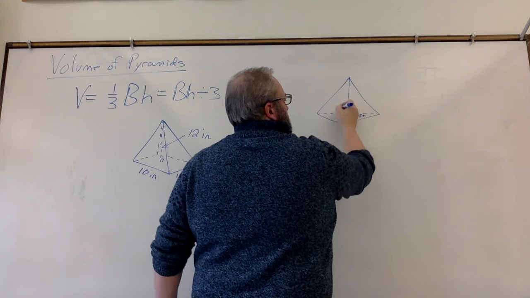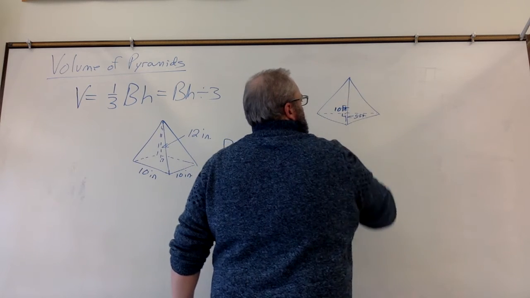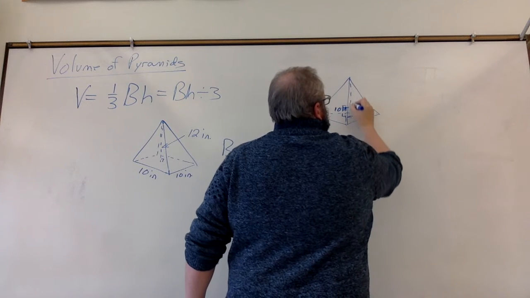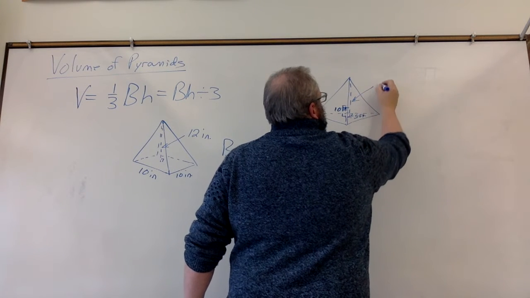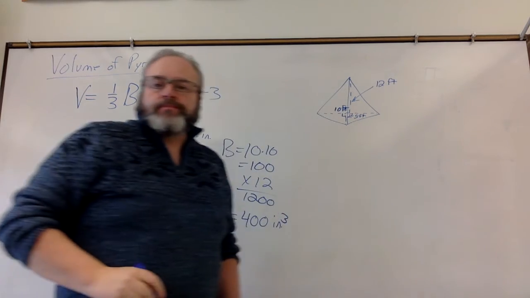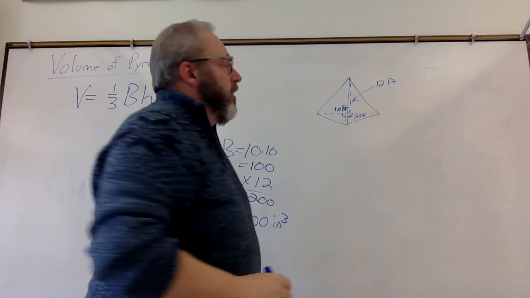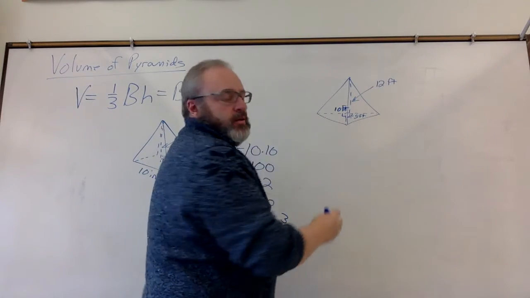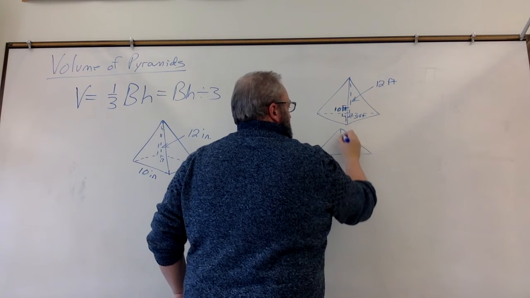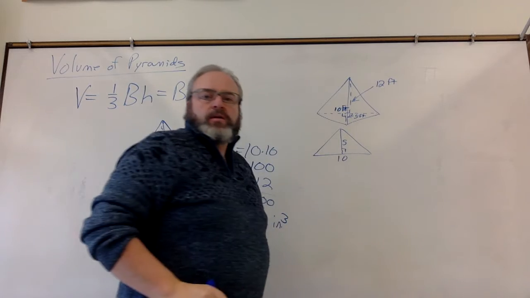And across the back, we're going to go 10 feet across the back. And we need to know the height as well. Okay, sometimes those numbers are getting a little confusing because they're real close together. So I'm actually going to pull this triangle out so we can take a better look at it. That's what that looks like.